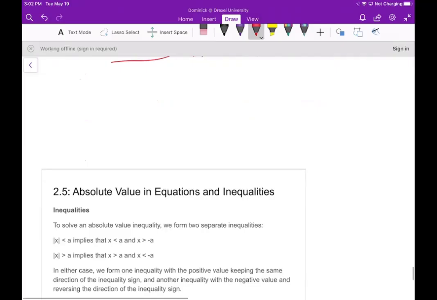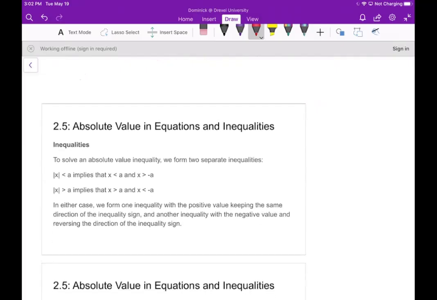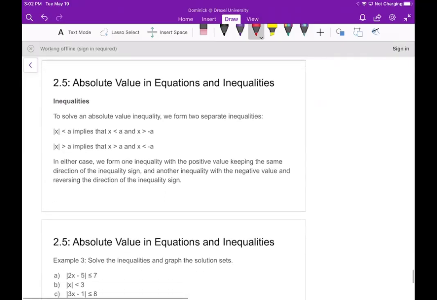All right, so that's the idea behind absolute value equations. Now, let's take a look at what happens when you have absolute value inequalities. Okay, so you're still going to form two sort of separate inequalities here, right?